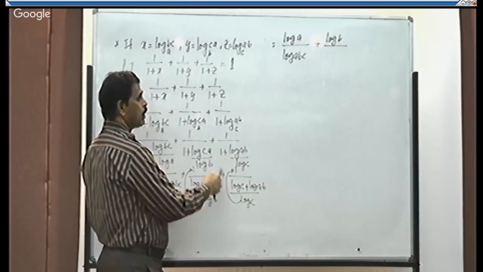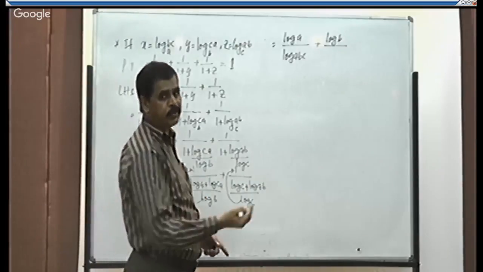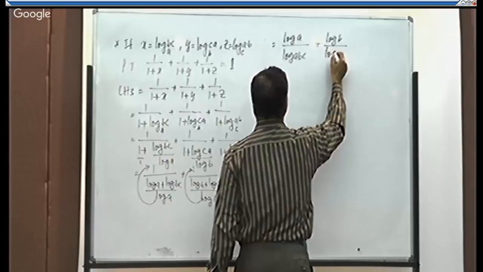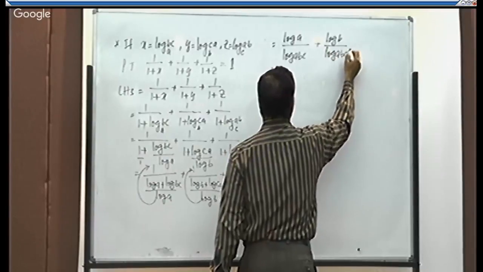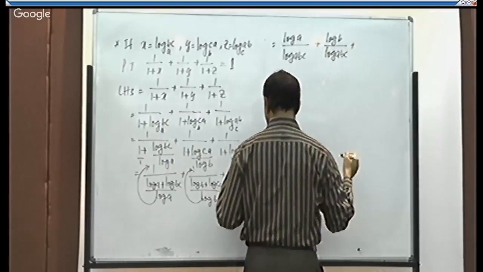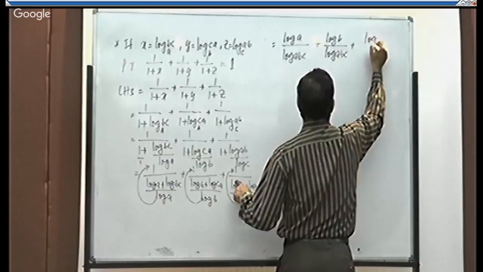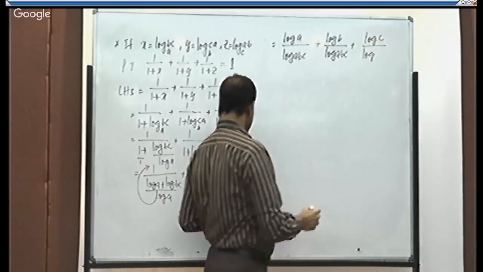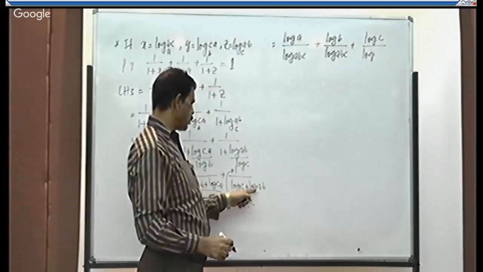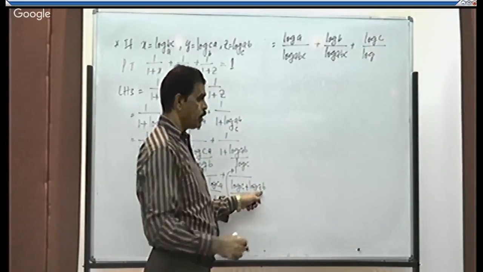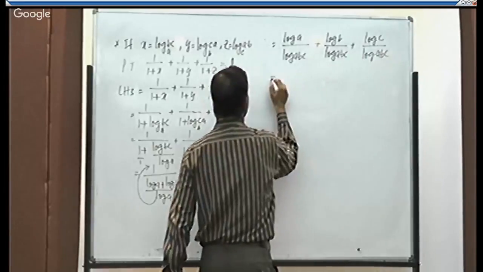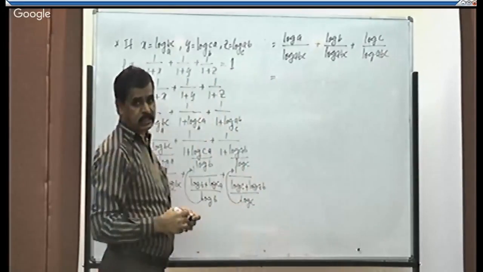B, C, A. Or otherwise you can take it as ABC. ABC, BCA, CBA all are same, right? Plus the last term, log C goes to the numerator divided by log C plus log AB, which is equal to log C AB. I can take it as ABC. The denominator of each term, all are having the same.